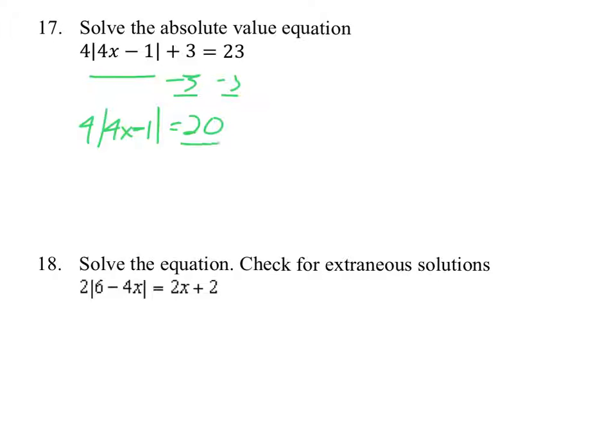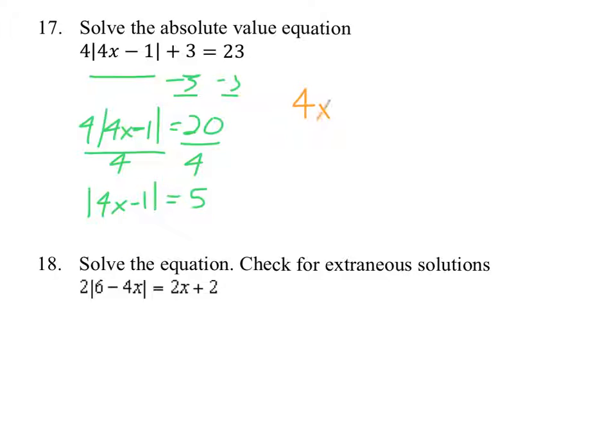That will work out nicely because next we need to divide by the 4. Which finally gets us to having that absolute value isolated and equal to 5. Now here, when we have an absolute value equals a positive number, we're guaranteed two solutions that work. So we set up our two equations.